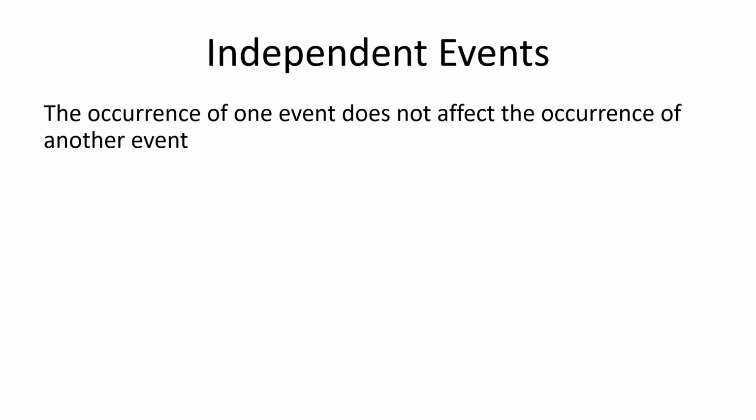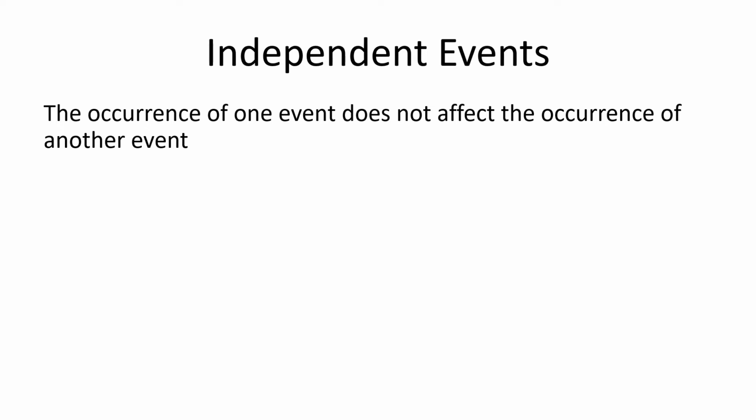So independent events are when the occurrence of one event does not affect the occurrence of another event. And that's important when we're looking at what's going on with these intersections of events.